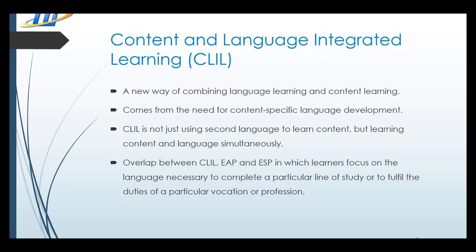Within this description, we see considerable overlap between CLIL, English for academic purposes, and English for specific purposes, in which learners focus on the language necessary to complete a particular line of study or to fulfill the duties of a particular vocation or profession.